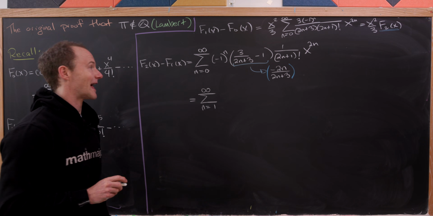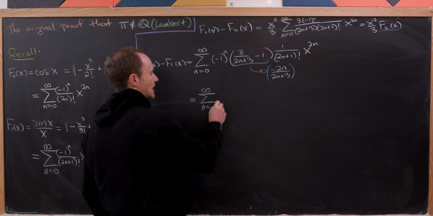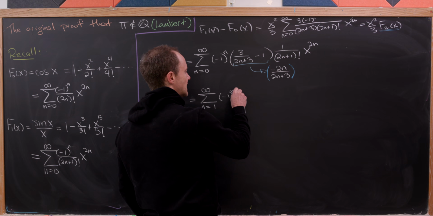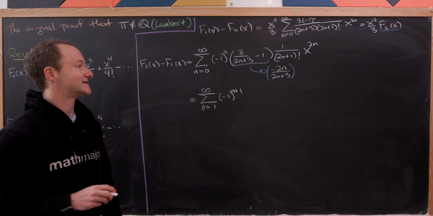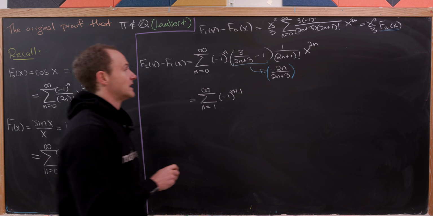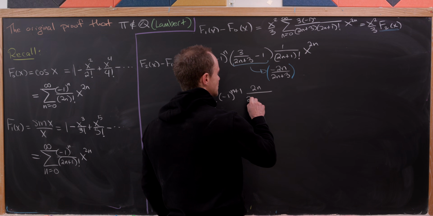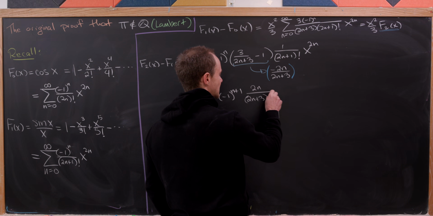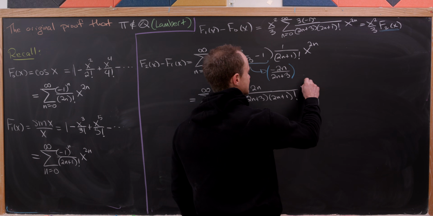So I'm going to start that at 1 because notice my 0th term is 0 again. And then I'll have minus 1 to the n plus 1 by taking this minus sign and combining it with the minus 1 to the n. And then after that, we'll have 2n over 2n plus 3 times 2n plus 1 factorial times x to the 2n.